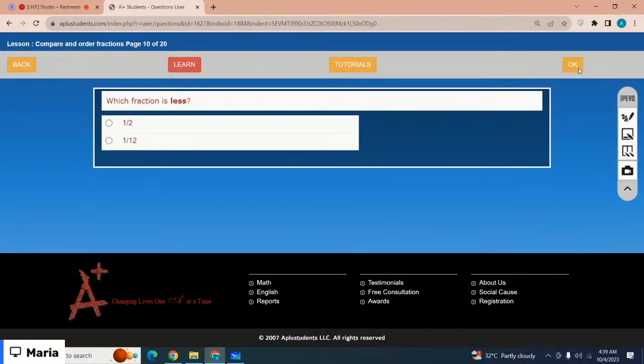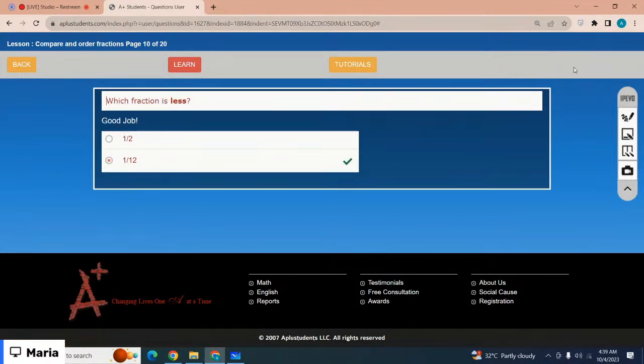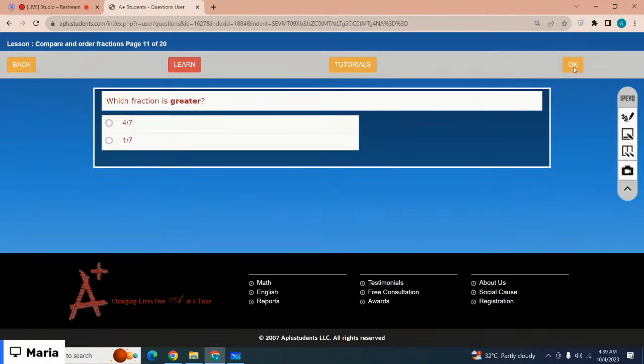Which fraction is less, 1 over 2 or 1 over 12? 1 over 12 is less than 1 over 2. Which fraction is greater, 4 over 7 or 1 over 7?